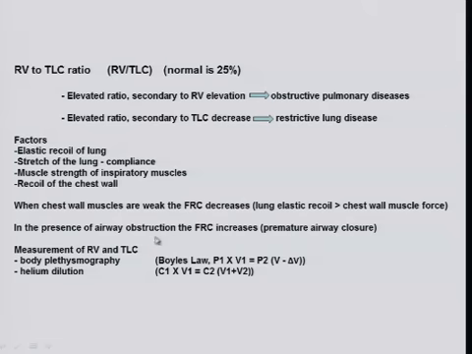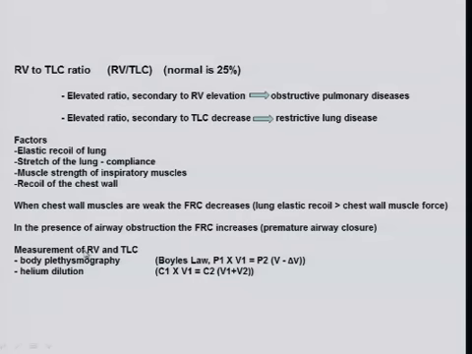So therefore, if you have obstructive airway disease, we increase the FRC because we have a collapse of those airways before we finish exhaling. Okay, so we'll talk about that in more detail. But all of these relate to residual volume, because remember, residual volume is a large part of FRC.